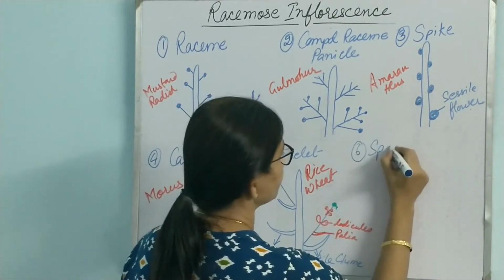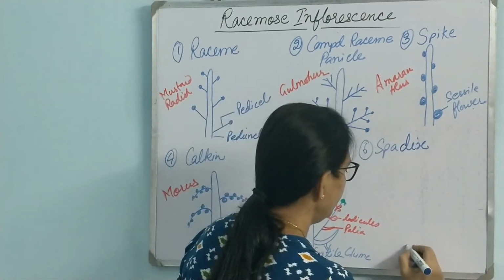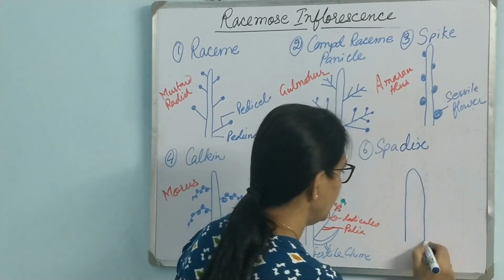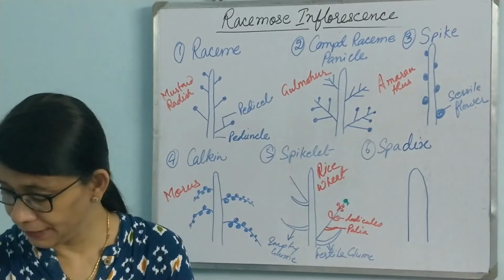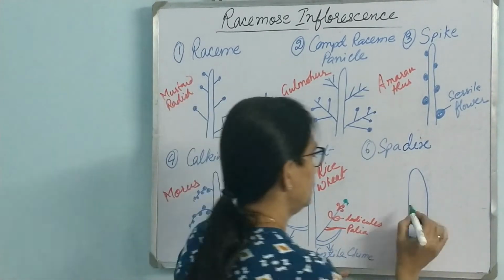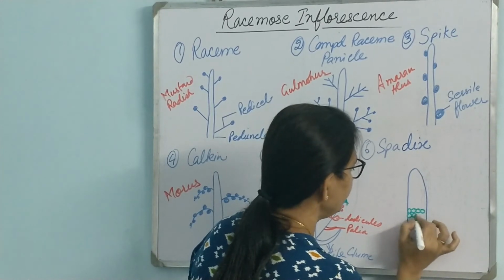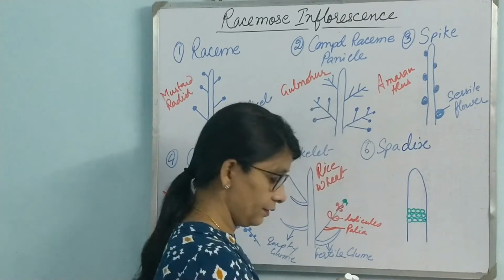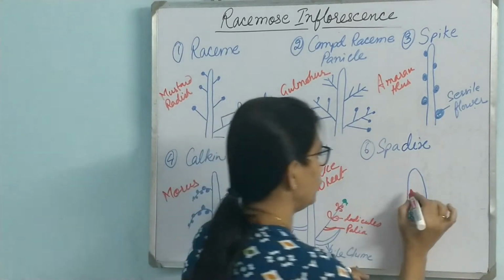Then the sixth type is known as spadix. So what happens here? Here the peduncle is a little fleshy and it bears flowers which are sessile, and male and female flowers are placed at a slight distance from each other.